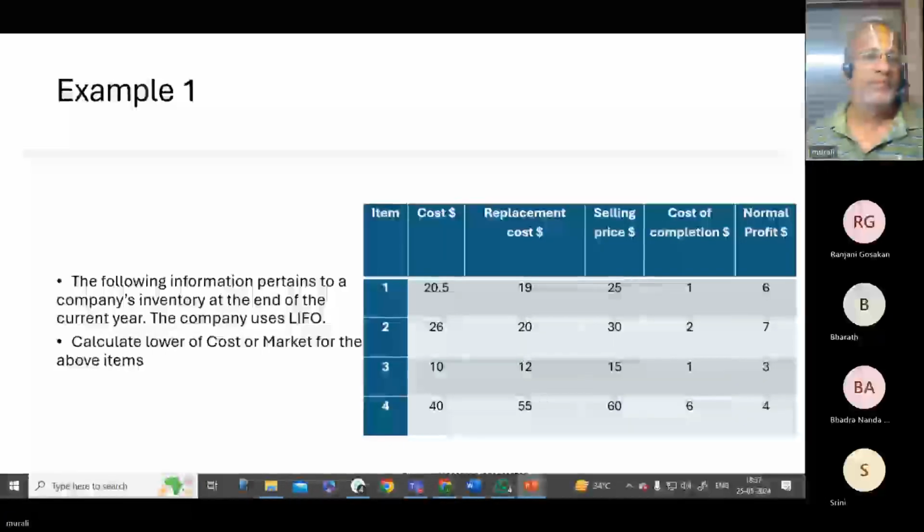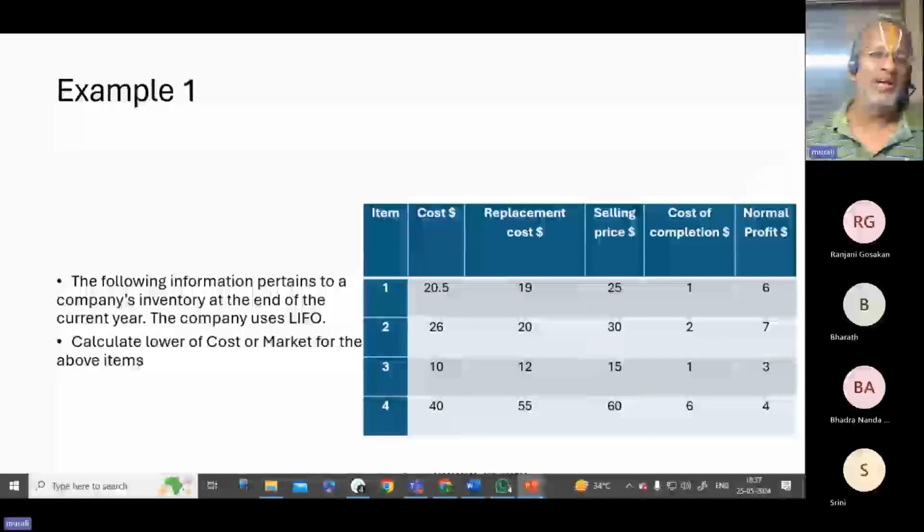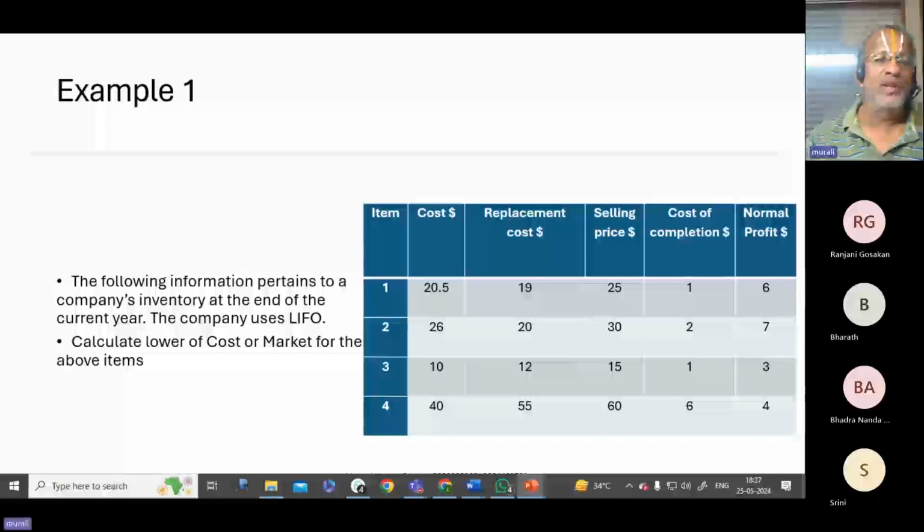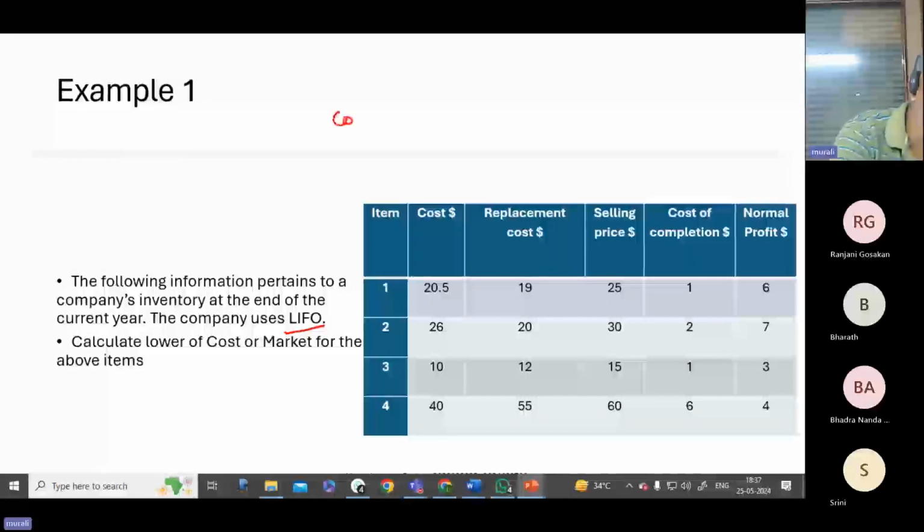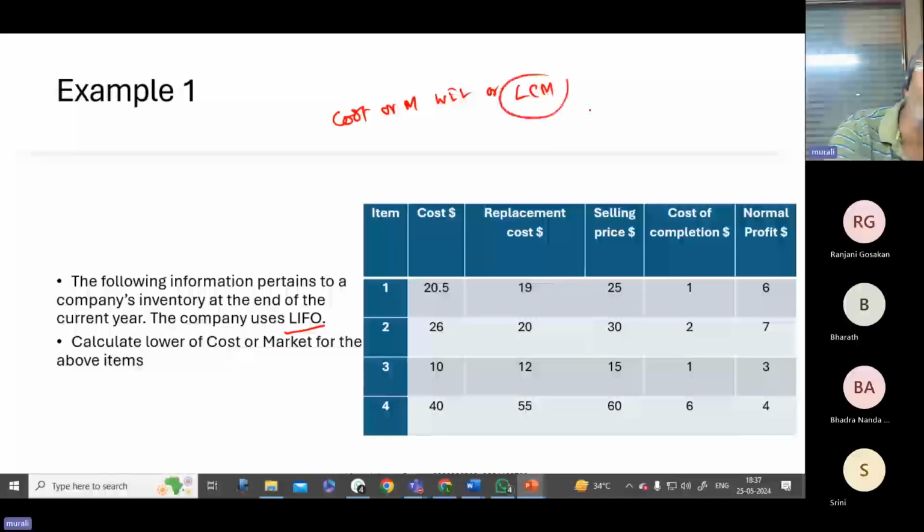Now, as I told you, I'm going to take up an example out of this. The following information pertains to a company's inventory at the end of the current year. The company uses last in first out, which would mean it is cost or market, whichever is lower, or people put it as lower of cost or market. LCM is what they call.